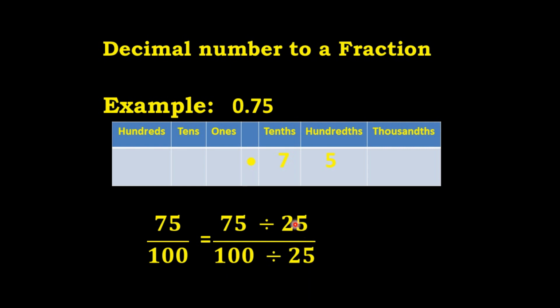So after knowing this number, we need to divide both numbers by the GCF. Then after dividing, the result is 3/4. So this is now the lowest term of 75 over 100. Meaning, the fractional form of 0.75 is 3/4. So this is now our answer.